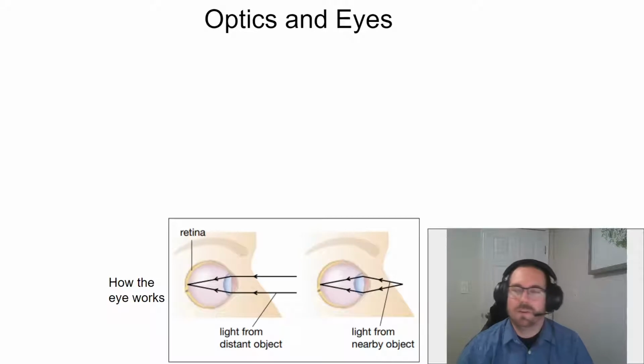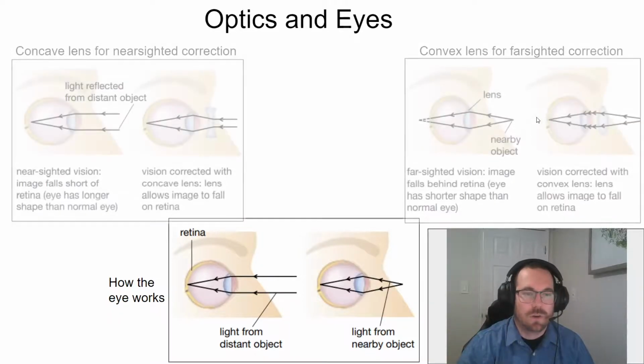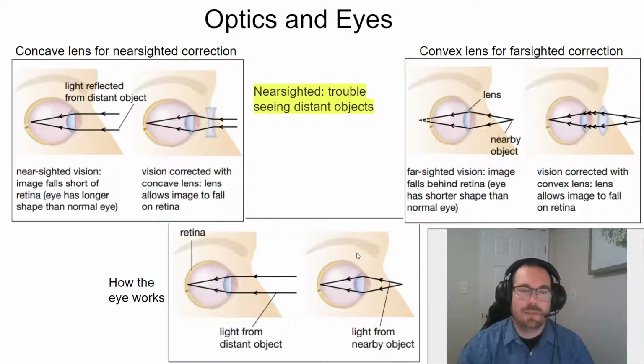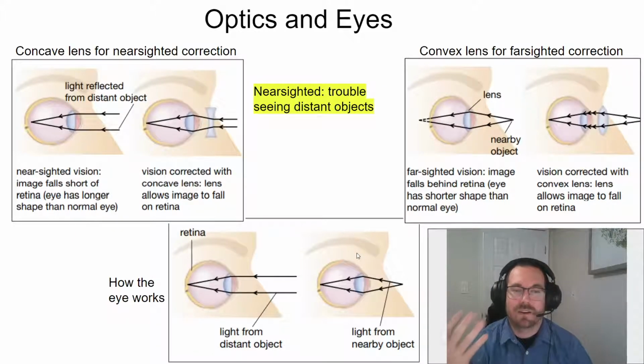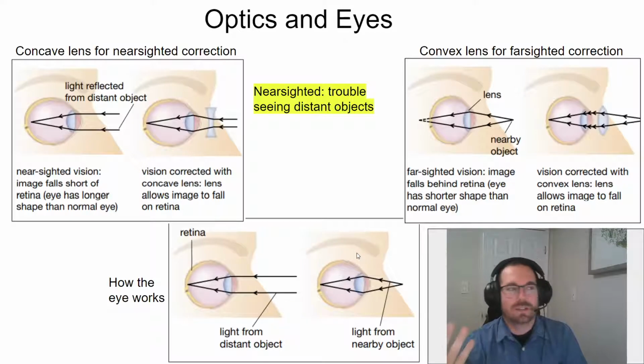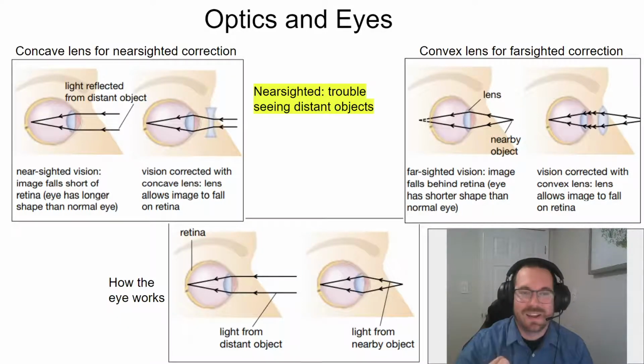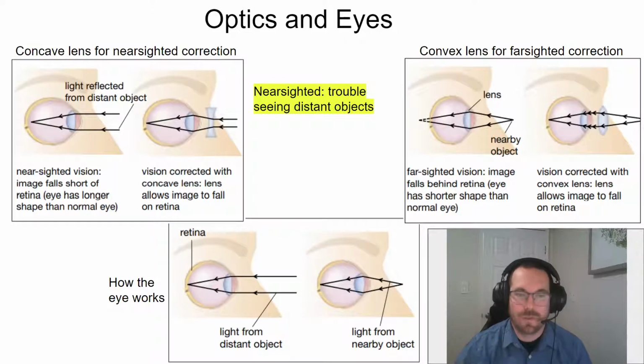Some people, however, have eyes that are a little bit of a different shape. They might be too long, and as a result, the image forms in front of the retina. We say that people that have that are called nearsighted. So nearsighted means that you are sighted to things that are near. In other words, you have a hard time or trouble seeing things that are further away.